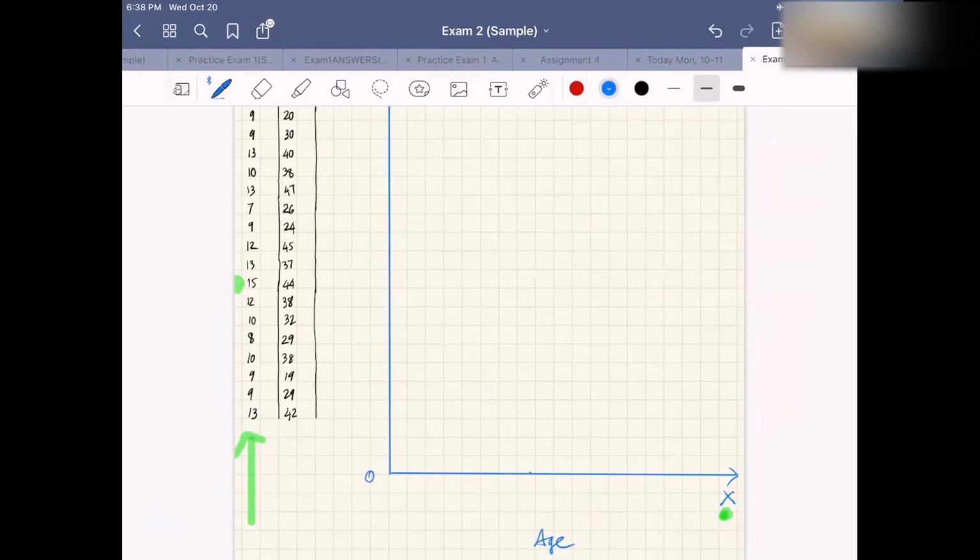And because 15 is not that big, that means that you can count by ones, right? So you can divide the horizontal axis into 15 equal parts, okay?